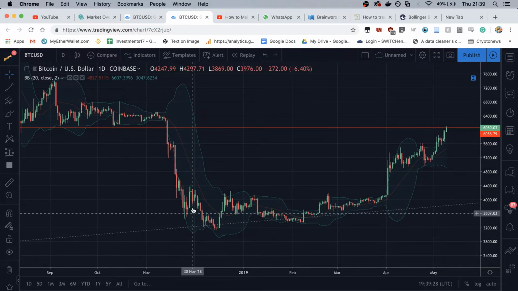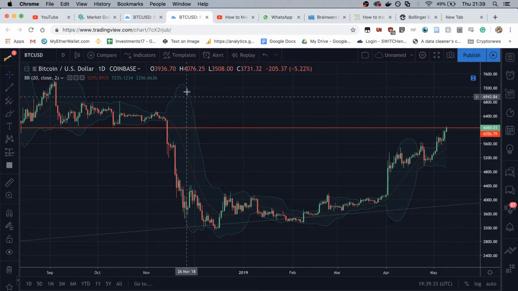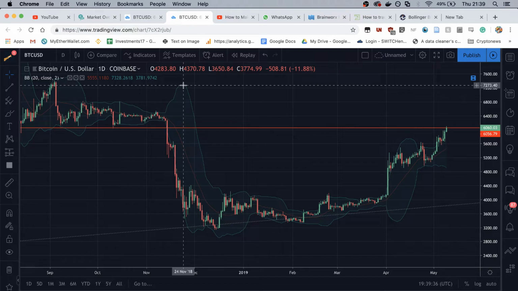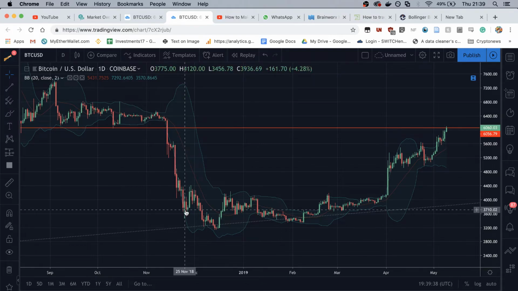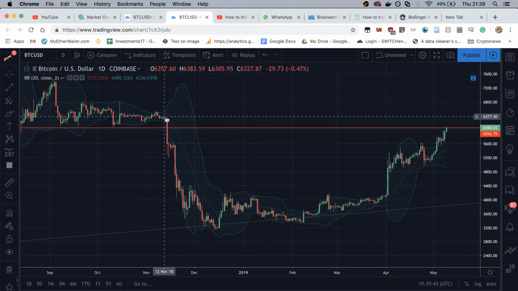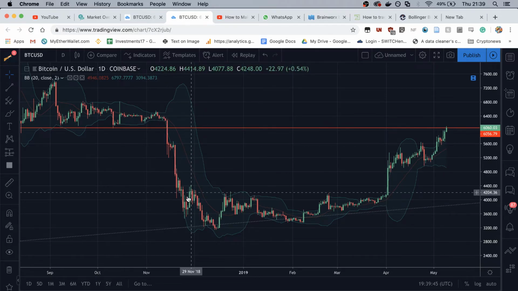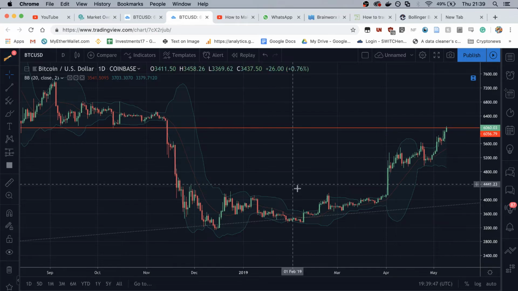And here the price starts to move a bit sideways, and as you can see, the top band here is starting to change direction. The reason for that is that in this case, these candles are very, very far away from the simple moving average, so the standard deviation is very high.